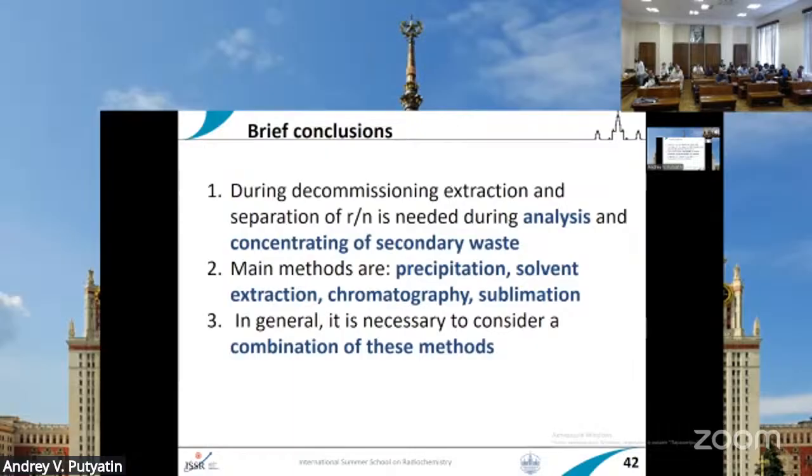In the case of decontamination, we still mostly use precipitation techniques. And in general, we should use different combinations of all of these methods, especially when we try to isolate radionuclides from different irradiated targets or from spent nuclear fuel.